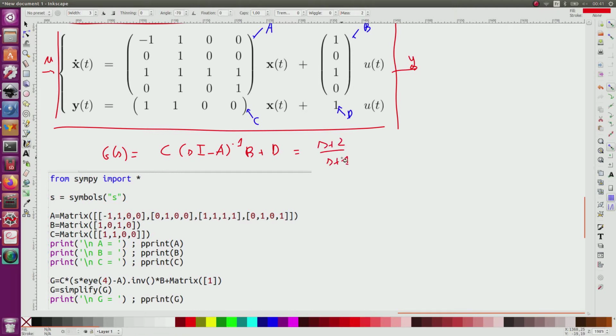So in this case, it means that normally the denominator of the transfer function should be a polynomial of degree 4 because it is a 4th-order system.